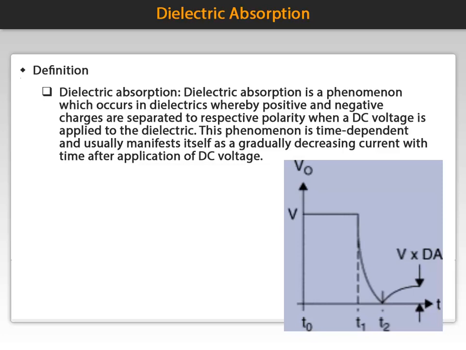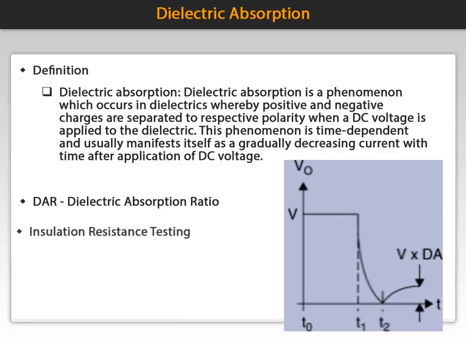This phenomenon is time-dependent and usually manifests itself as a gradually decreasing current with time after the DC application. Later you will see how this is used to determine a DAR, or dielectric absorption ratio, in an insulation resistance test.